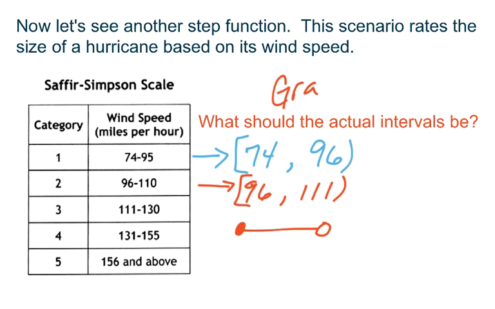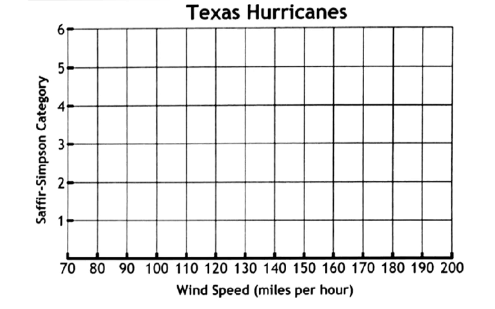So this represents, graphically, a floor function. However, these intervals are different ranges of values, so it's not a constant function that we can write. So there is not going to be a rule that we generate for this function. We're just going to graph it and show you what it looks like. So 74 is approximately right here. And then 96 is approximately right here.